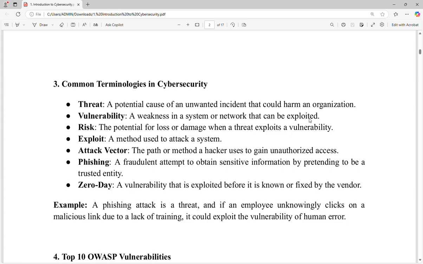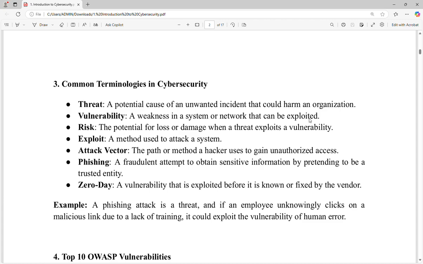A threat is a potential cause of an unwanted incident that could harm an organization. It is an incident that is yet to happen, but has potential for damage. When it occurs, it can damage the organization's security and assets.